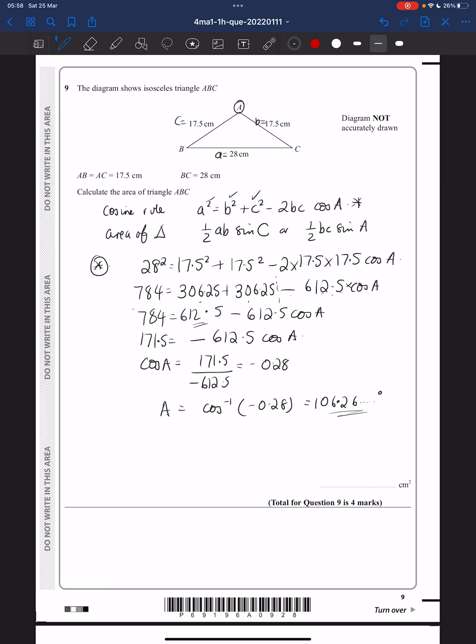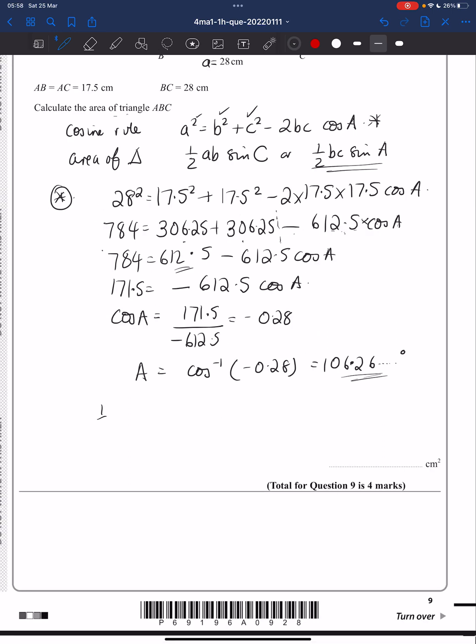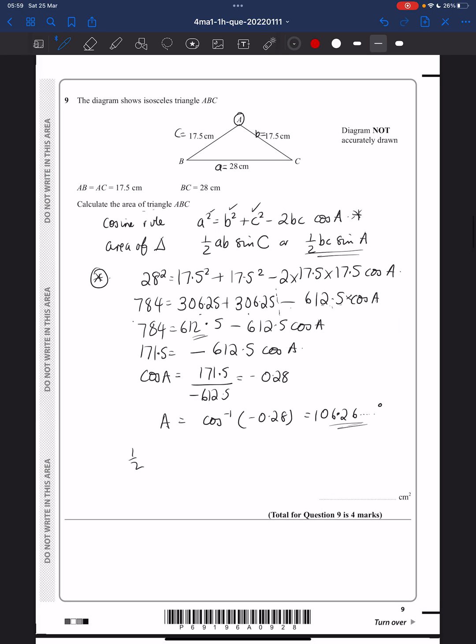Because what we've got to do now is the area of the triangle. I'm going to use this form. So I'll move to double star now. Okay, so it's a half.